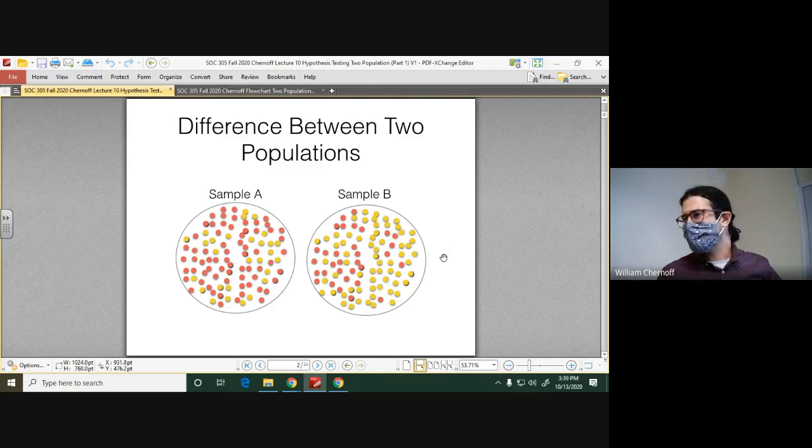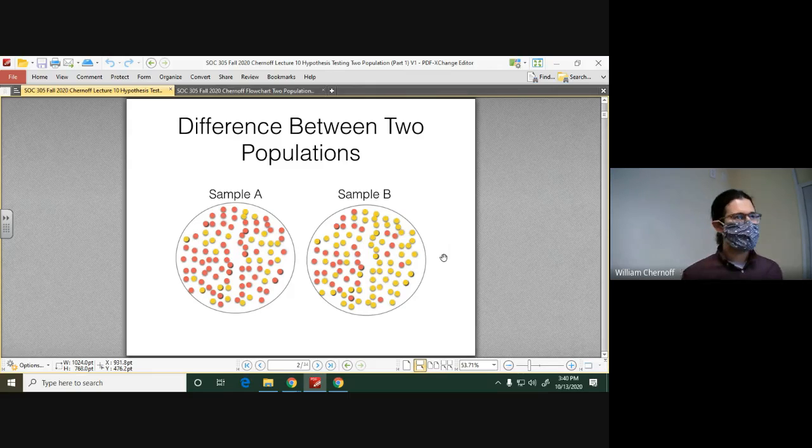And I think immediately we can all see that these two groups are different, right? So which group has more yellow dots? Okay, so right. Sometimes we get really lucky. We go out into these populations, we take a random sample from A, random sample from B, and when we look at the data, it's really clear that there's a difference.